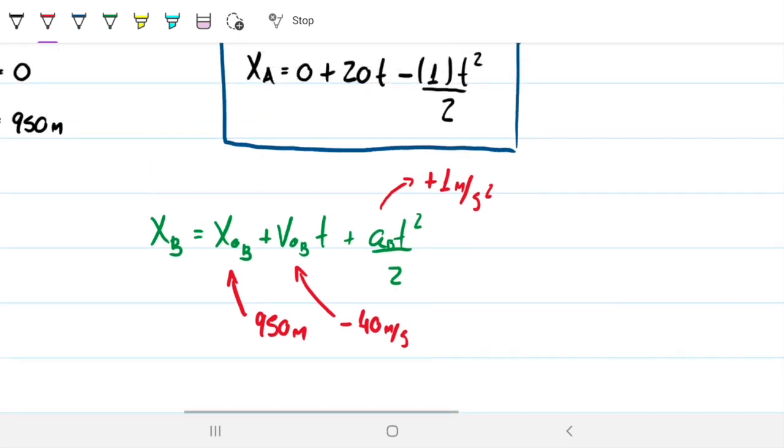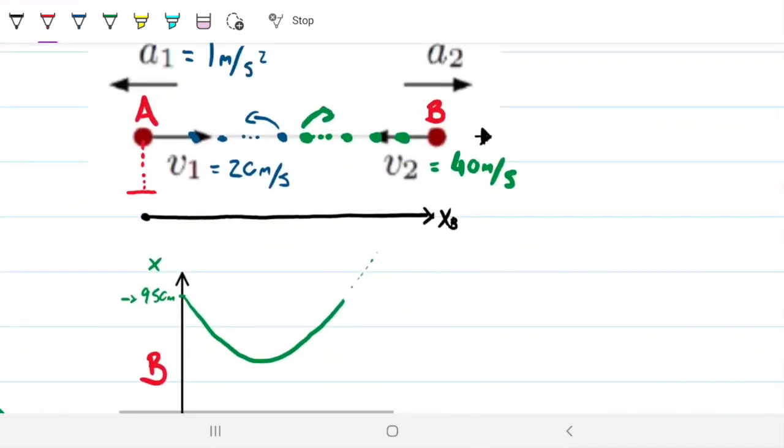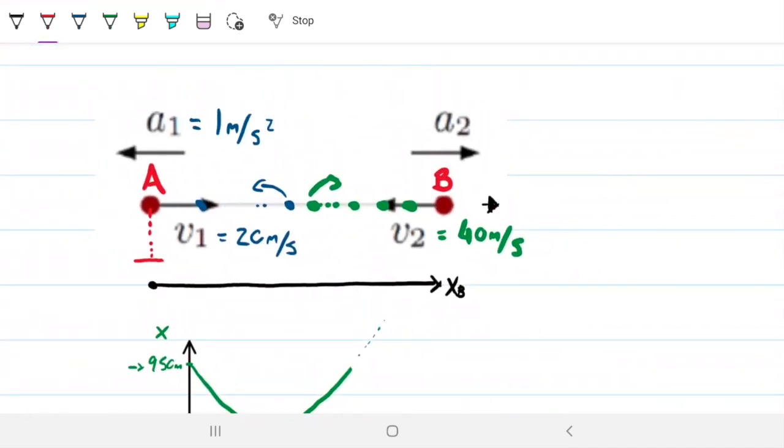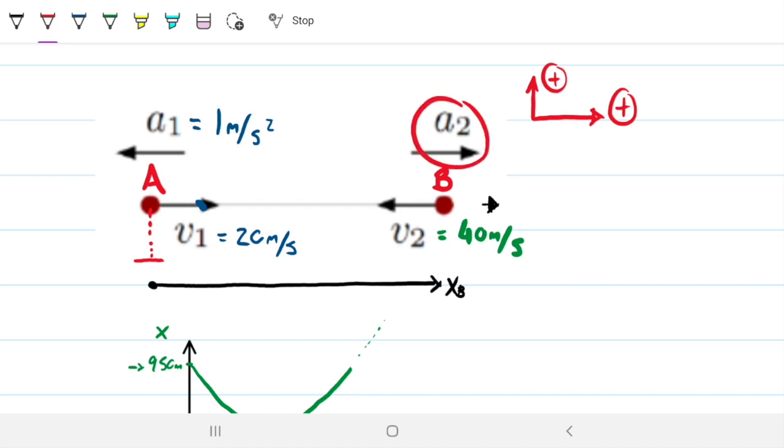And just so we're clear, let's go back to the image and get rid of these drawings here. I'm saying that anything going to the right is positive, anything going upwards is positive. Okay, so therefore A2 is positive, A1 is negative, V1 is positive, V2 is negative.